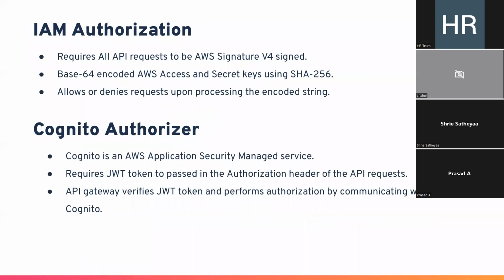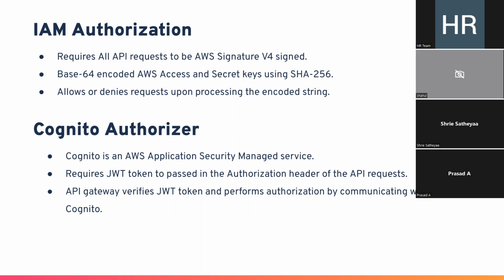The next one is the IAM authorization. IAM authorization requires all the requests sent to the API Gateway to be AWS Signature Version 4 signed, which is basically Base64 encoded using the SHA-256 algorithm with AWS access and secret keys.